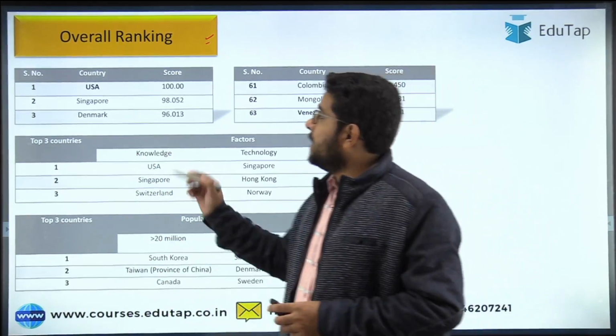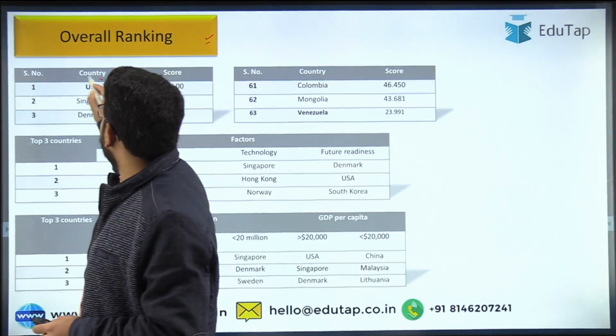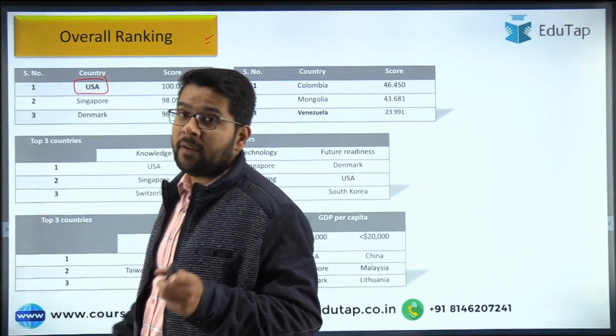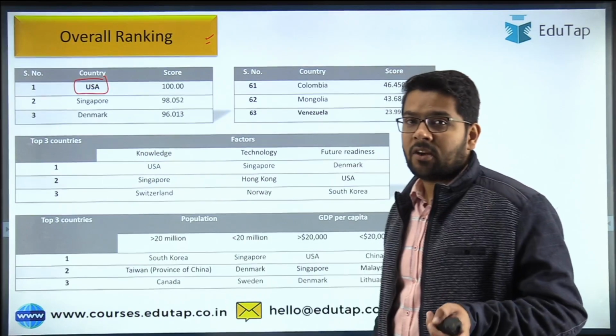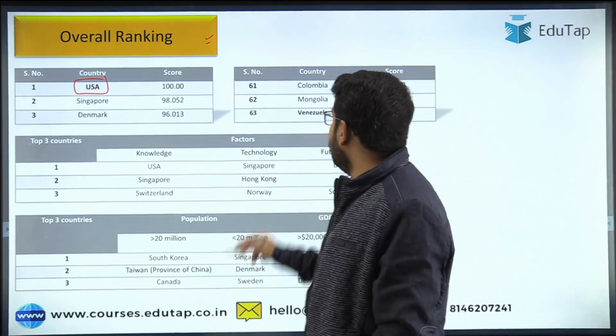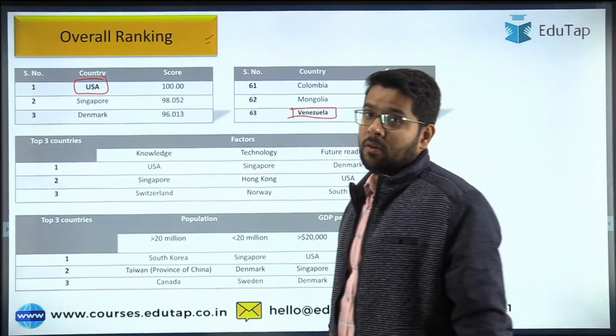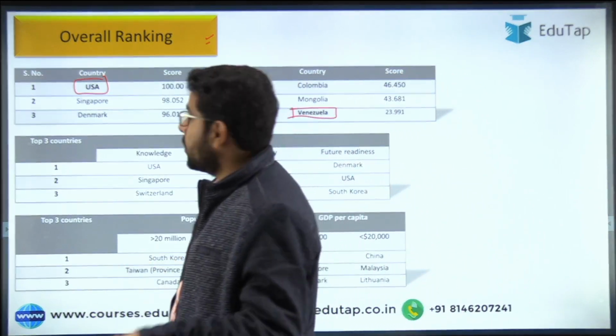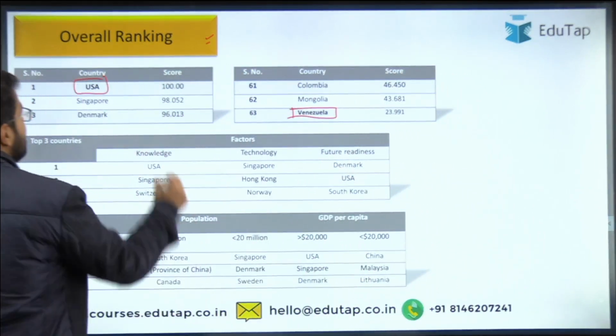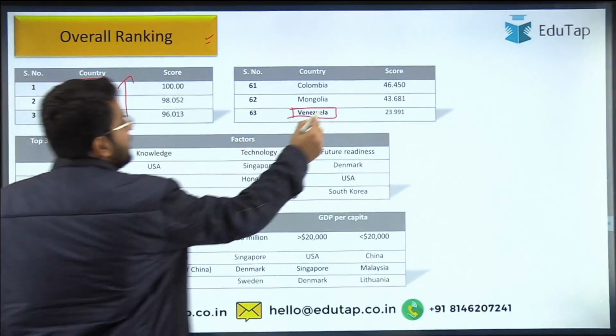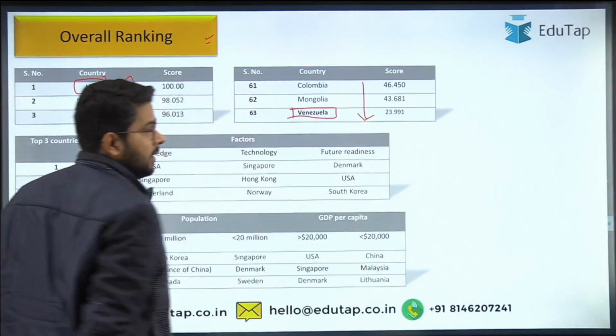So guys, in the overall ranking, USA has been ranked as the most competitive economy across the 63 economies in this report, and Venezuela has been ranked the worst performer in terms of competitiveness. So these are the top 3 and these are the bottom 3.